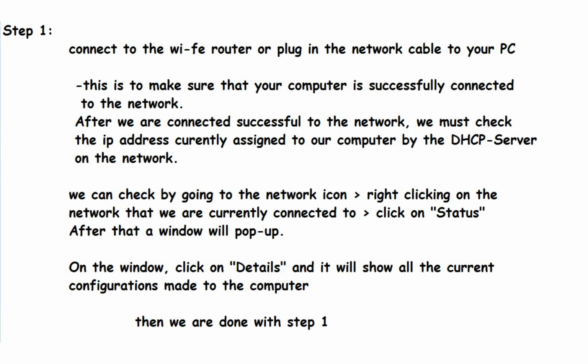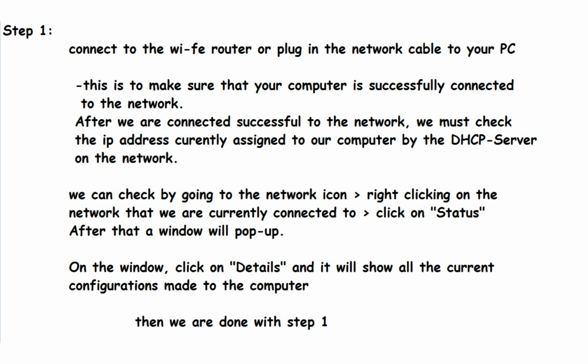So the first step, we have to connect to the Wi-Fi router, or plug in the network cable to our computer, so that we can be on the network where we want to change our IP address.